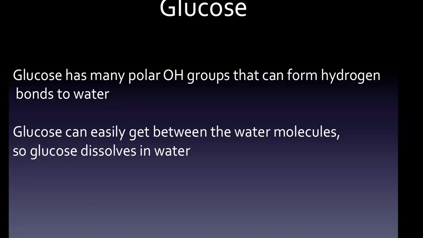Molecules that are polar will dissolve in a polar solvent, like water. Glucose has many polar OH groups that can form hydrogen bonds to water. The water molecules are attracted to the glucose as strongly as they are attracted to each other. Glucose can easily get between the water molecules, so glucose dissolves in water.